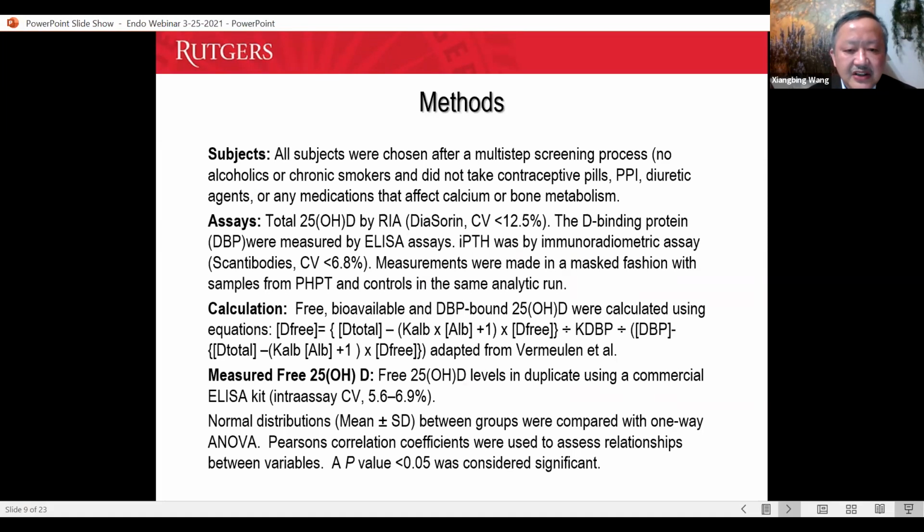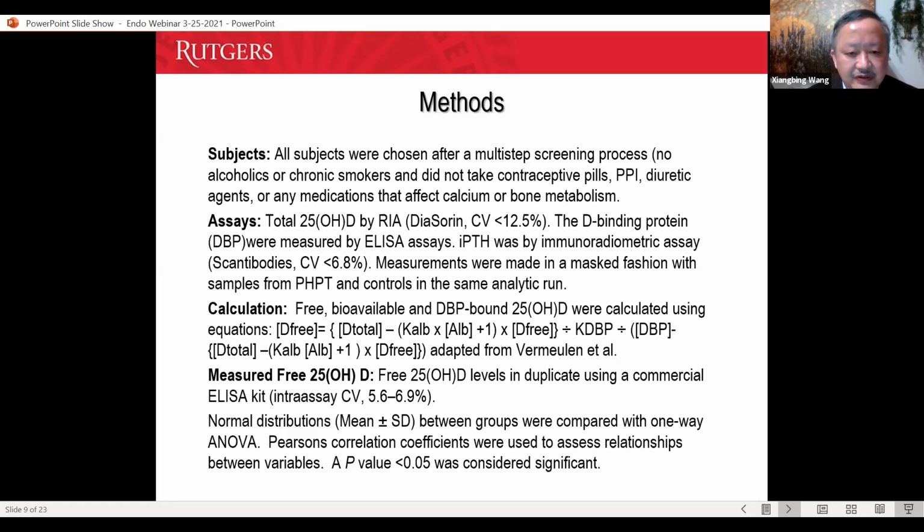And we also calculated the free and bioavailable vitamin D, using the formula just like calculating free and bioavailable testosterone. This formula paper was published more than 20 years ago in JCEM.